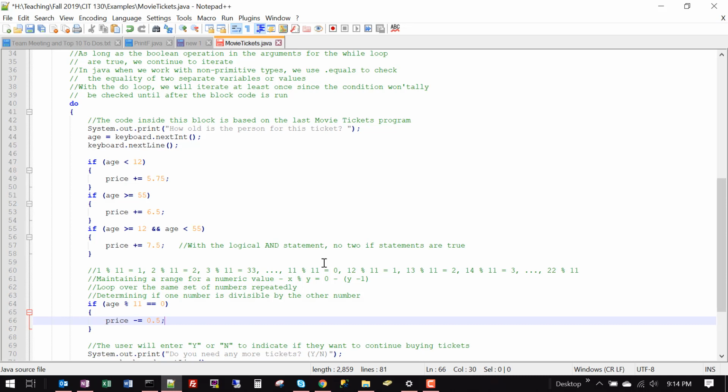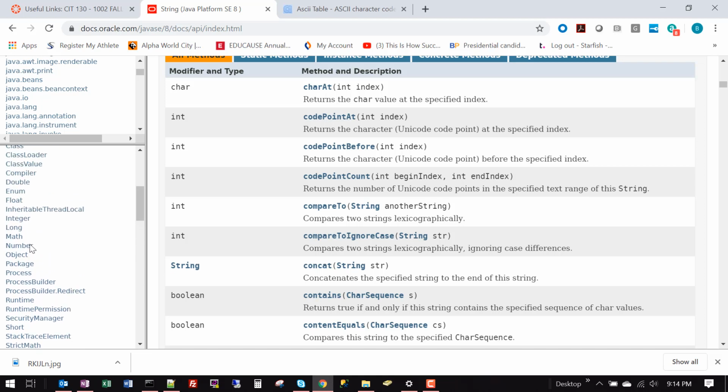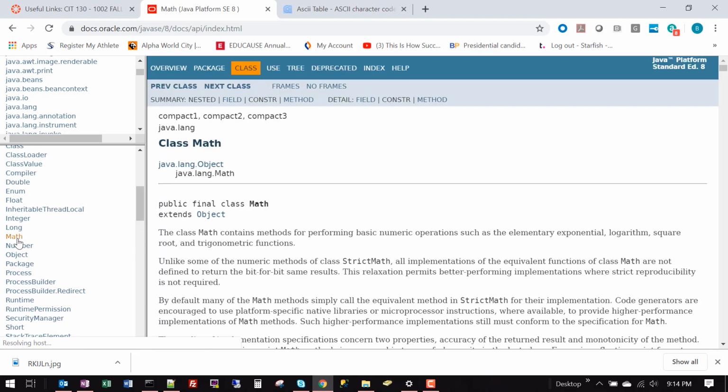Another thing I want to talk about in terms of numeric calculations is something called the math API library. If we go back to our java.lang, which we're in right now, you'll see that there's a class called math.